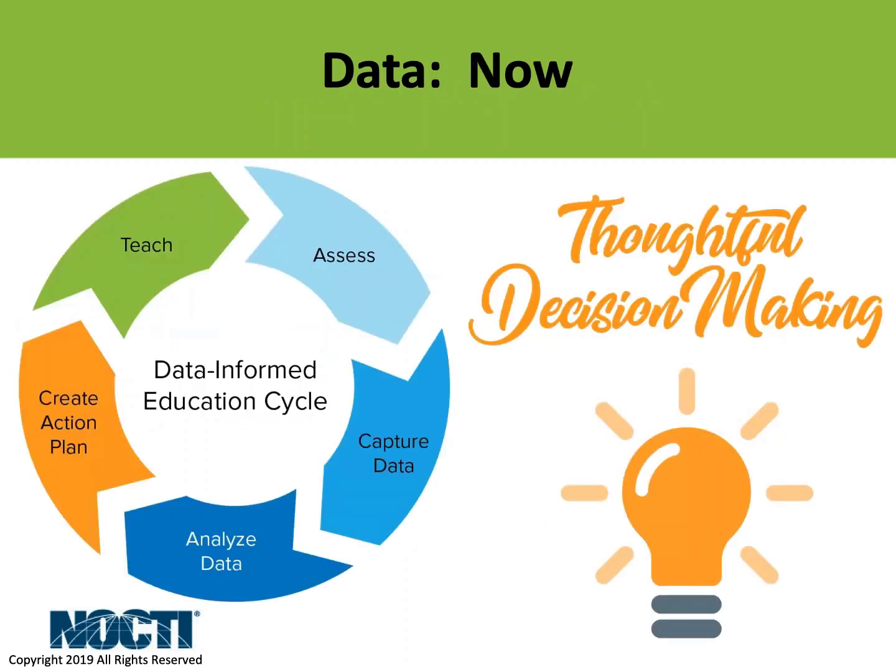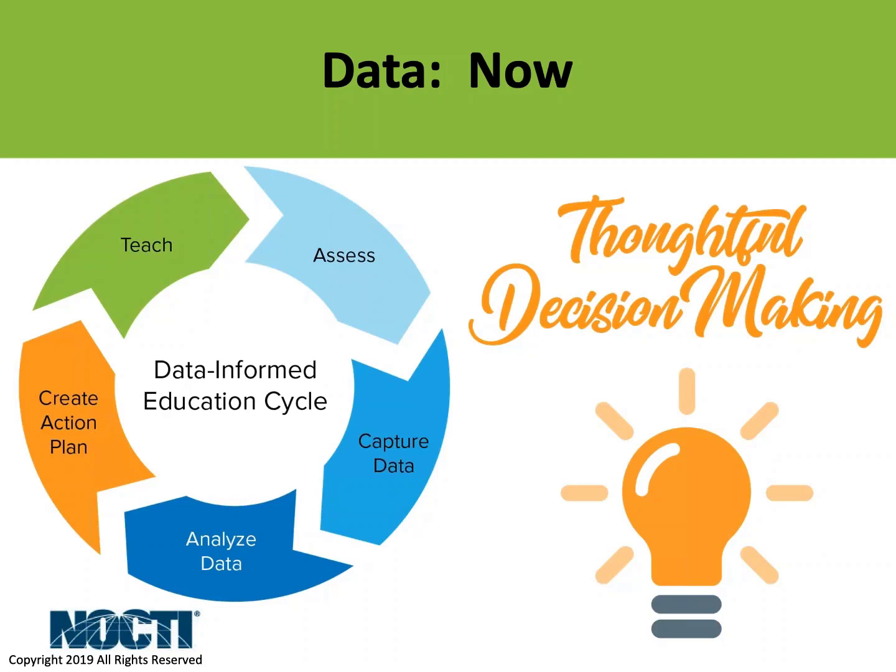When you look at an educational decision-making cycle of sorts, and you look at data used with a technical credential, you can see that you do the teaching, and you assess whether or not the teaching was able to attain a credential through a credentialing assessment.